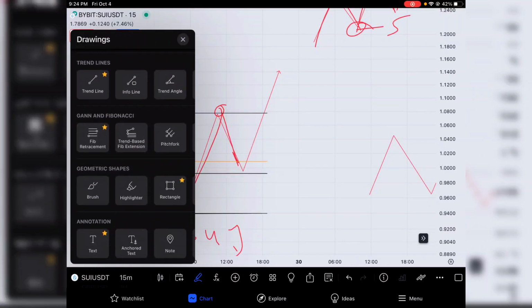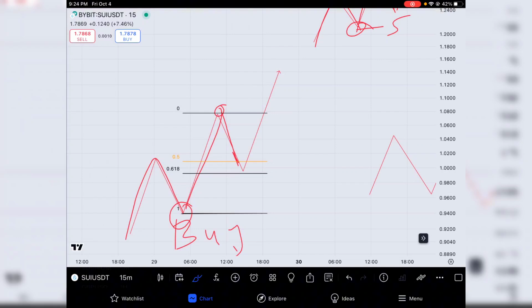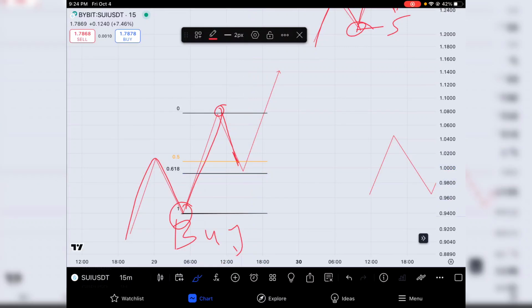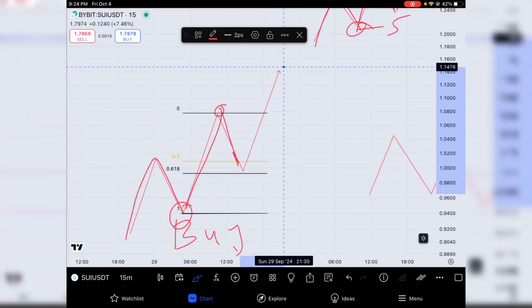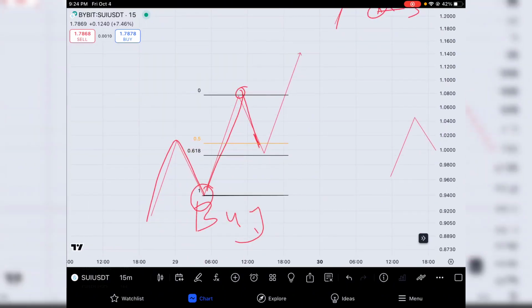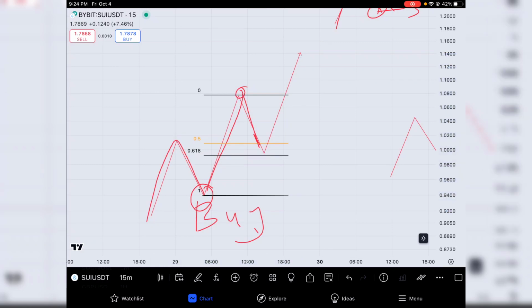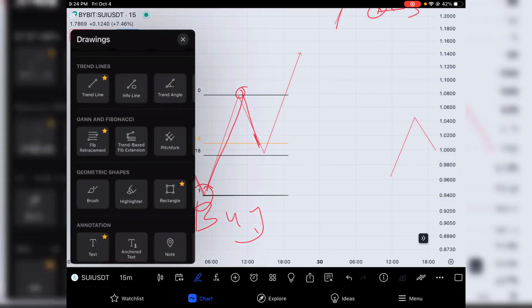I am waiting for the market to come back to this 0.5 and 0.618 level. When the market comes back there, what happened? The market started going up. The moment the market came back to this 0.618 level, the market started going up.